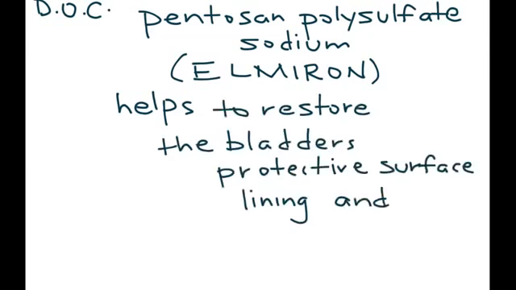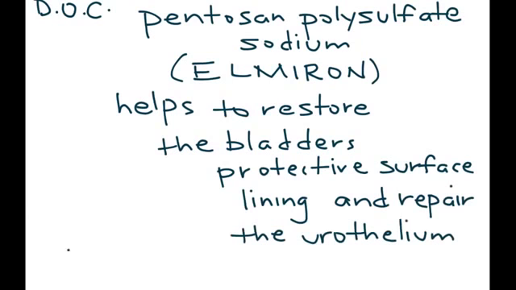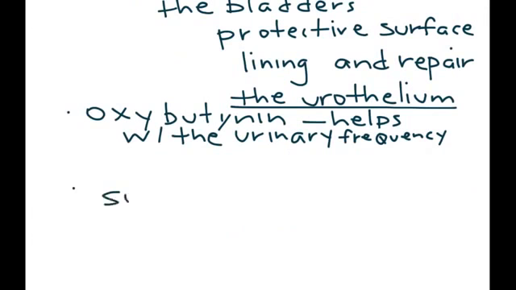And it also helps repair the urothelium. Another medication that can be used to help with the urinary frequency is oxybutynin. And finally, if these methods don't work, surgery is done to resect that ulcer.